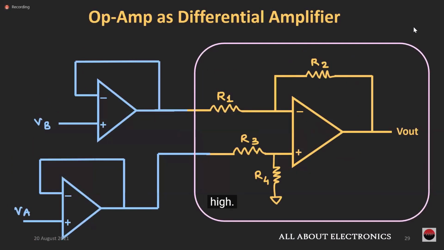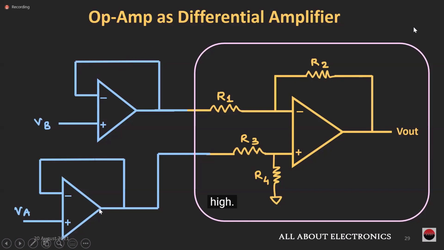This op-amp symbol is called as differential amplifier. Here, yellow color one is the differential amplifier. Instead of using direct voltage source, here we have connected two voltage sources, VB and VA. You can see the difference between the blue color op-amp circuits and yellow color op-amp circuits. In yellow color, here we have resistor, but here we have a conductor.